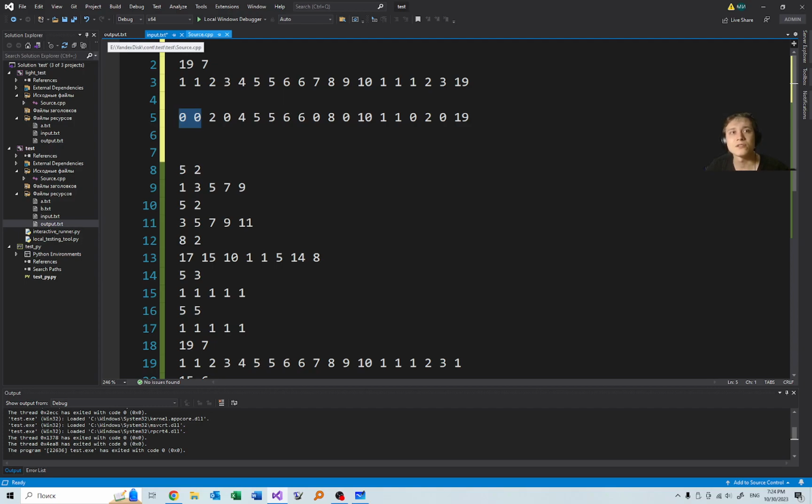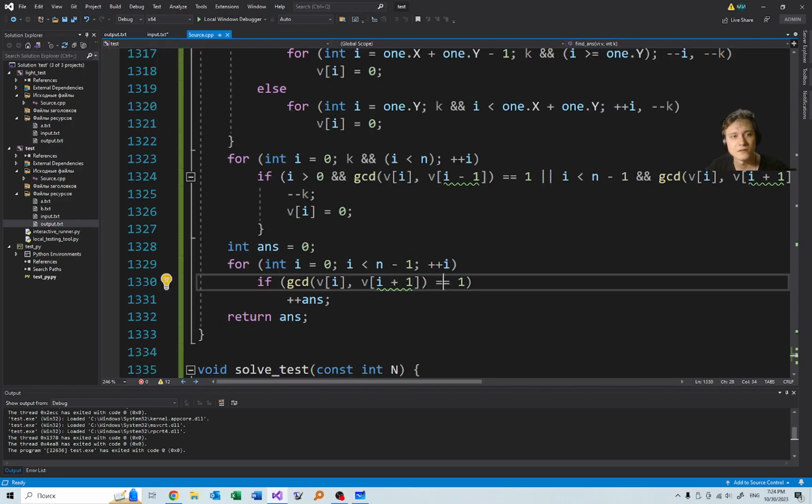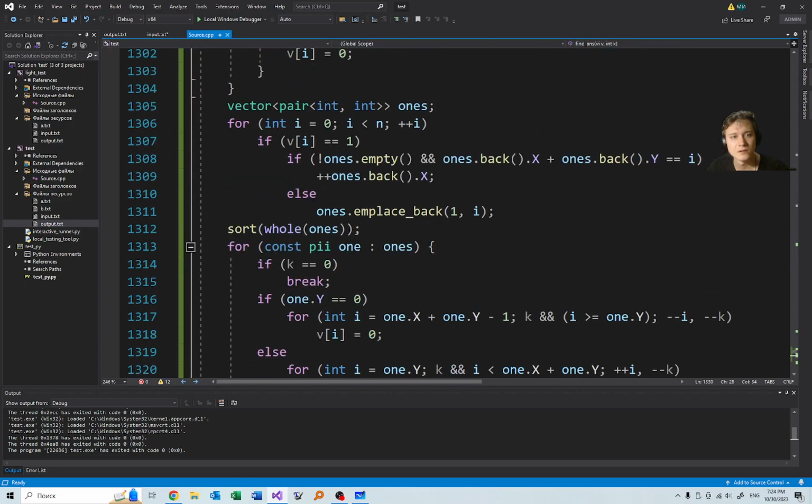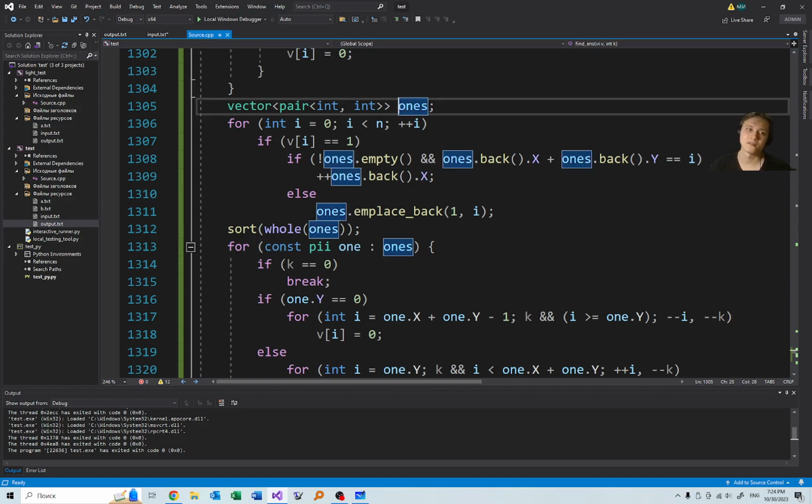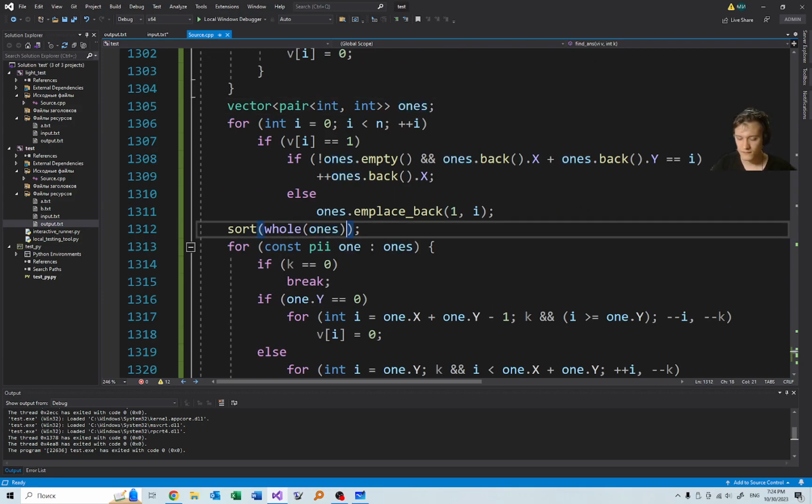I don't want to consider the ones which touch the border. Yeah, so they are considered in the end, I think.